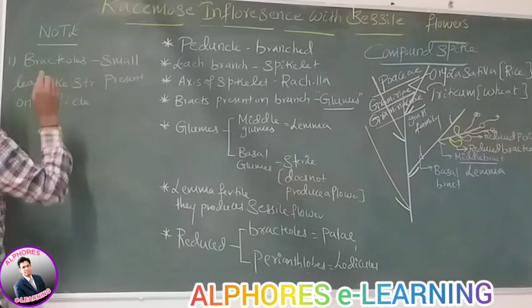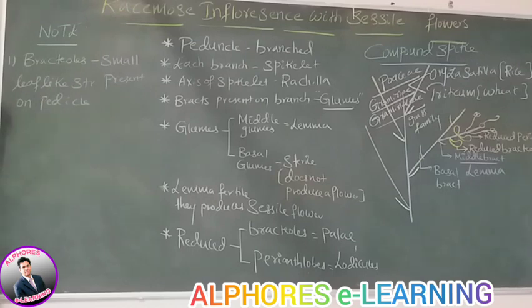You should be careful with the words. Bracteoles: small leaf-like structures present on the pedicel.